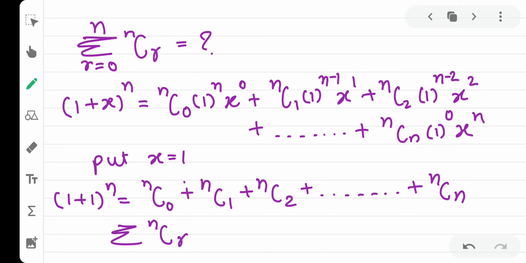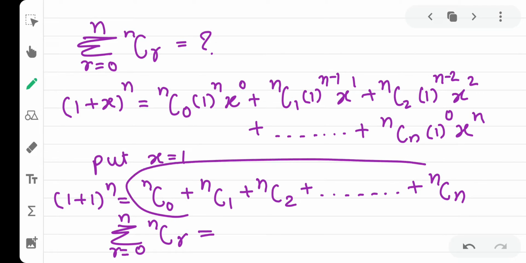You can see everywhere there is a plus sign, for which we have this summation sign, and n is constant everywhere, right? And after that the value of r changes from 0 up to n. The initial value of r is 0, then it is 1, then it is 2, and it goes up to n.